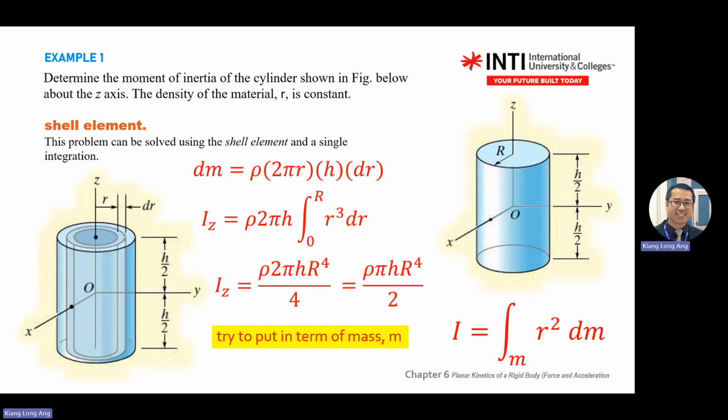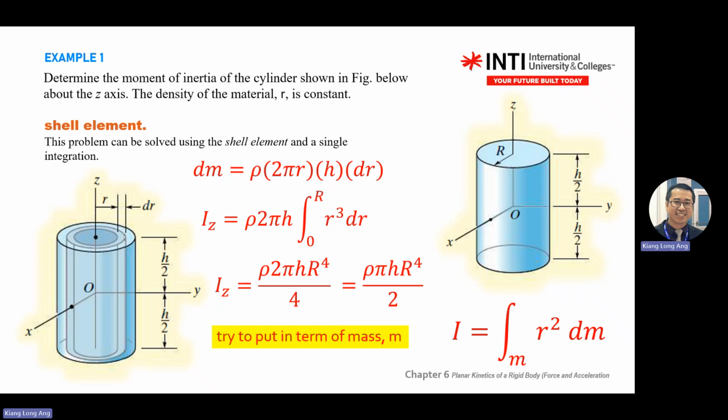How do you find mass or volume? Pi r squared multiplied by h, you get your volume. So your mass equals rho pi r square h.